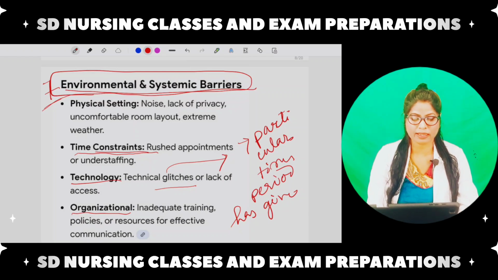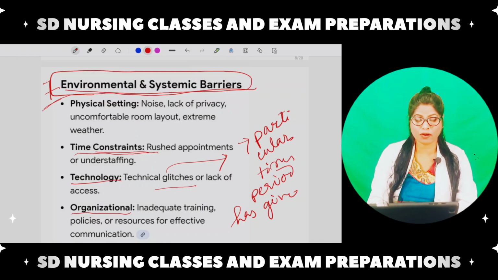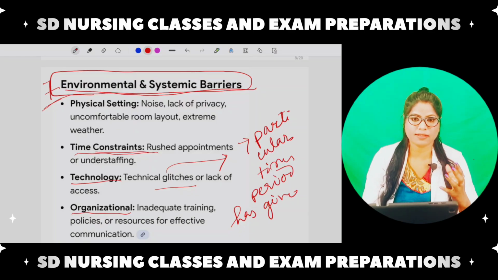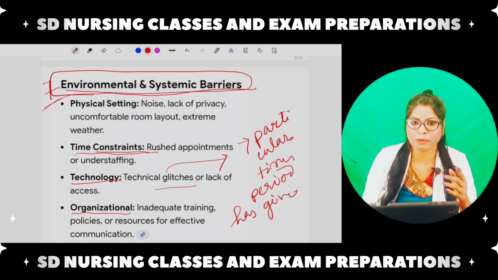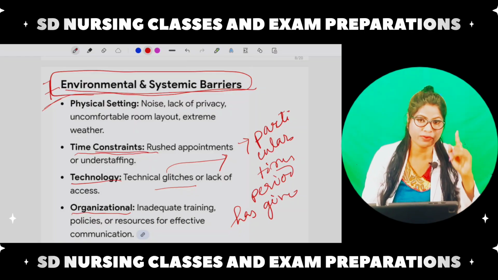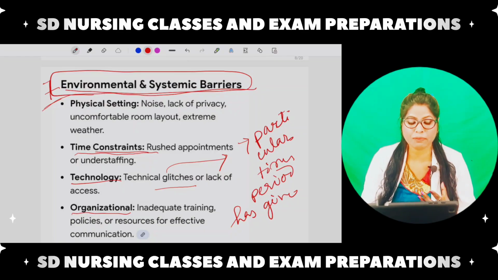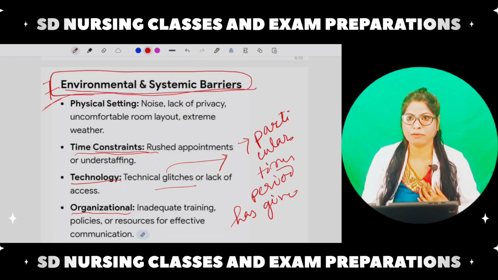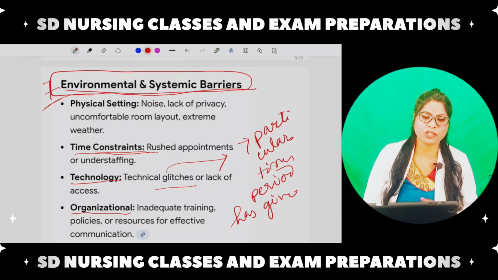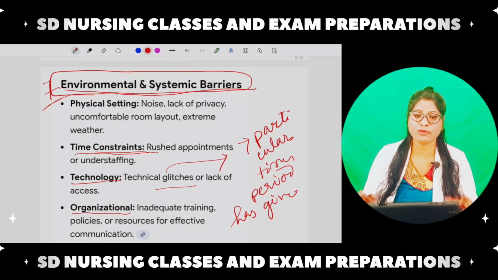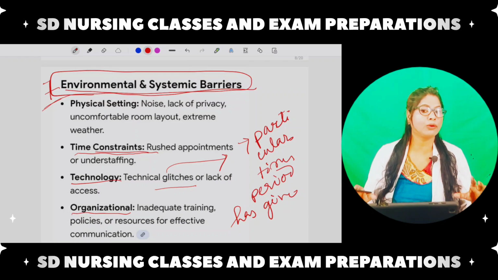Then technology: technological glitches or lack of access. Before, I told you how technology affects your communication. Like right now I am teaching you and my voice is not audible to you, I am giving my pressure and using my mind, but everything is useless.